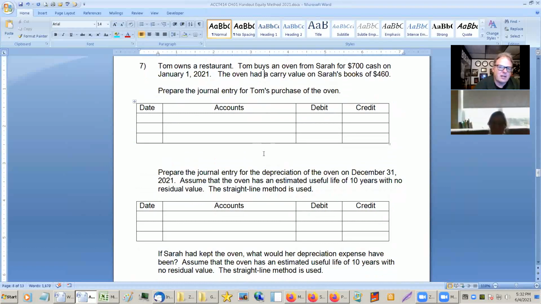So here's the thing: when you're investing in another company, it matters what you're really buying. If they have something on their books that is undervalued, then the company you bought is depreciating it from a lower amount.